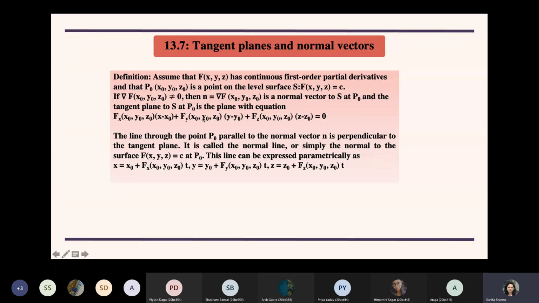Once we have the components of the normal vector, we take the dot product of this with x minus x naught i plus y minus y naught j plus z minus z naught k. After taking the dot product, we get this expression. So this is the equation of the tangent plane to a particular surface f(x, y, z) equals c at a given point P naught. This is your final equation.